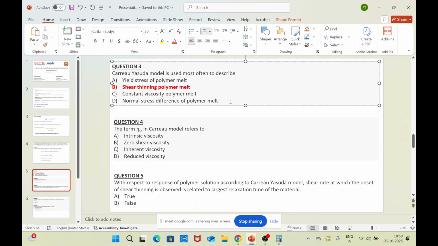The Carreau-Yasuda model is used to describe the shear thinning of the polymer melt. If that is the case, what about the other options? Yield stress of the polymer melt is described by what model? Constant viscosity is described by what model? And in which type of model are the normal stress differences described?